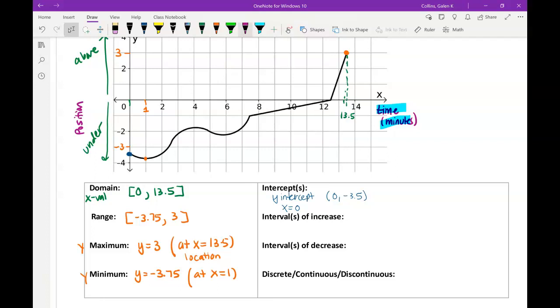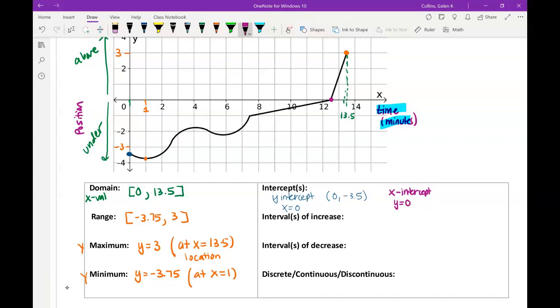But we also have another type of intercept. We have an x-intercept here. And our x-intercept is going to be where our graph exists or crosses at the x-axis. It doesn't have to cross, it just has to be on the x-axis. So remember, the x-axis is where all of our y values are 0.